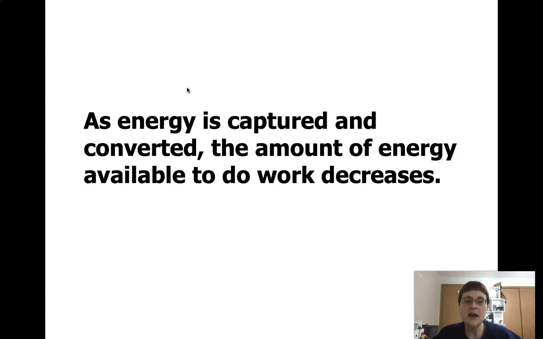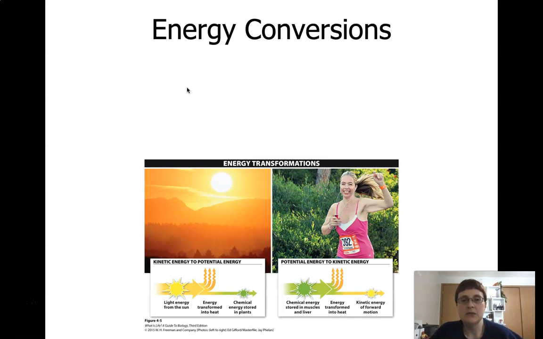And that is, every time we do that, the amount of energy available to do work is going to decrease. So every time we take, for example, that sunlight and capture it and turn it into chemical energy, the amount of energy that's available is going to go down. So we don't get all of that energy that's coming in as sunlight. So what is going on? Why is that the case? So let's take a look.